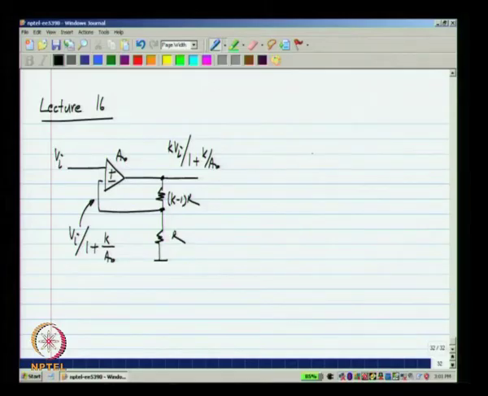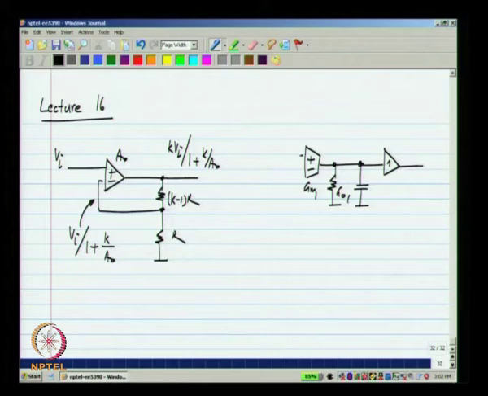Now let me use the op amp that we have been discussing, the simplest op amp. It has a transconductor which has an output conductance Go1, and that is loaded by a capacitor. And just for simplicity, I will insert a buffer here, but this is not really necessary. Later when we implement op amps, we see that we do not always implement the buffer.